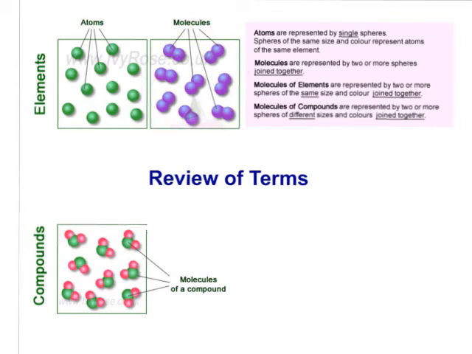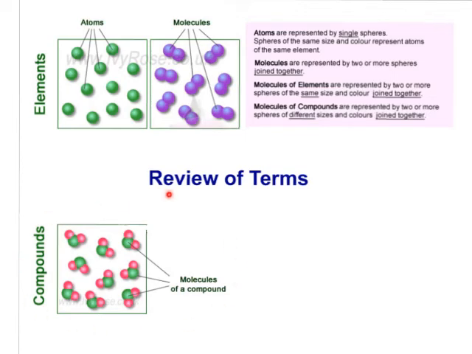Here, these are molecules. They are two of the same kind of atom bonded or joined together, and they make molecules. Both the atoms and these molecules are elemental. They have the same type of atom represented here in this group and here in this group and bonded together. It's the same kind of element.